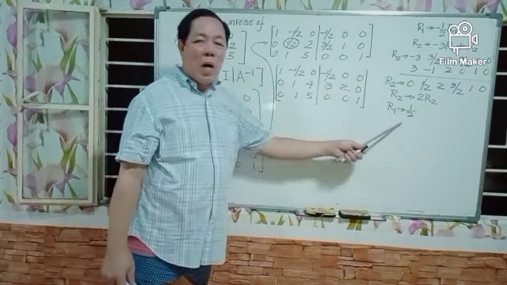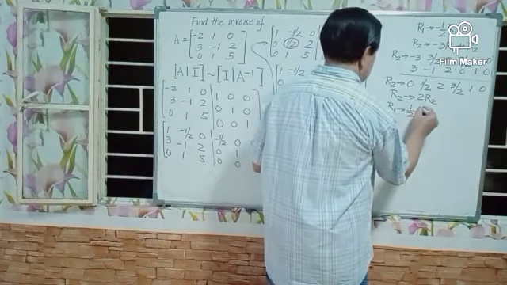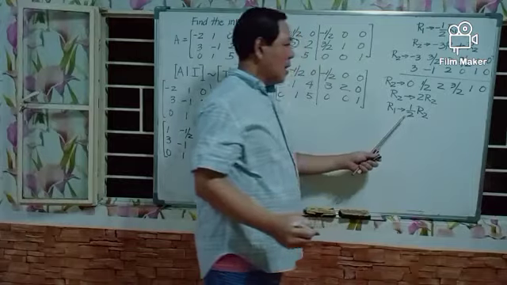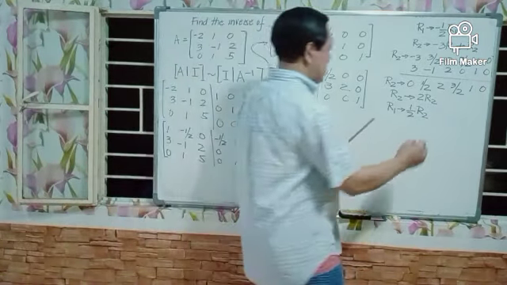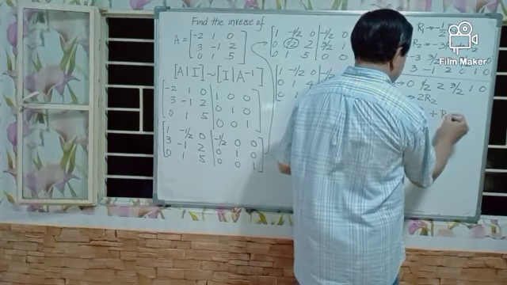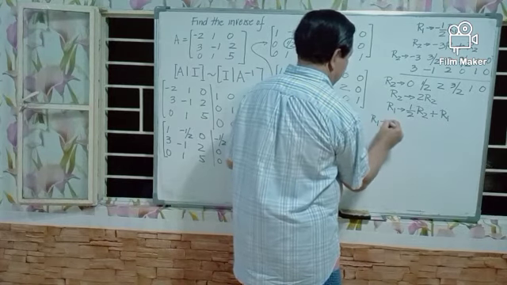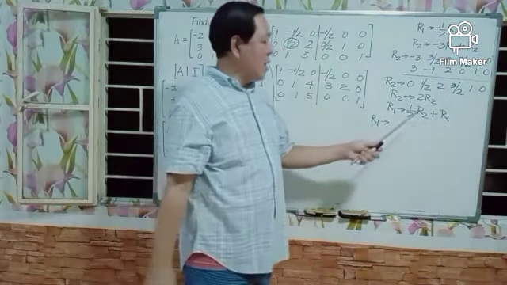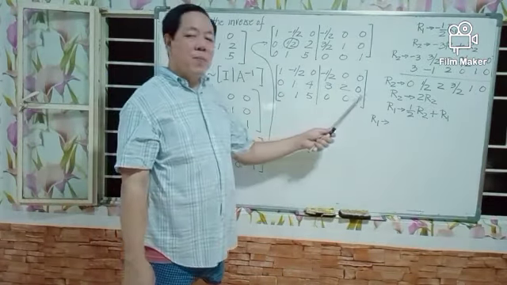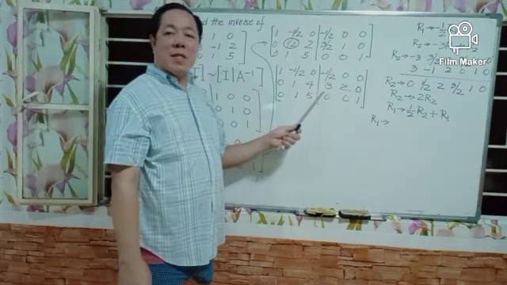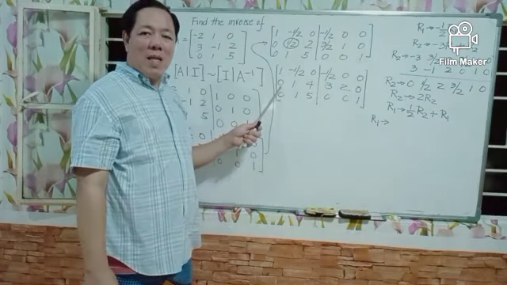We multiply 1/2 by row 2, and to this product, we add the old entries of row 1. Multiply the second row by 1/2. This is the second row: 0, 1, 4, 3, 2, 0. Multiply these entries by 1/2.